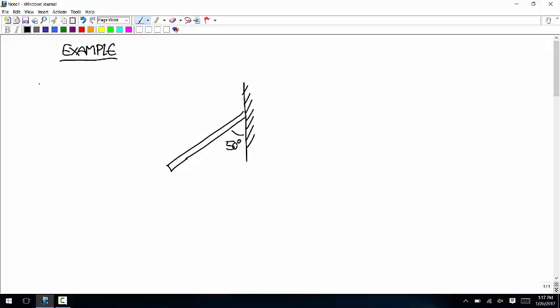The length of the beam is 2 meters. And at the left end, the beam is connected to a cable that goes over a pulley. And that cable is connected to a mass of 200 kilograms.